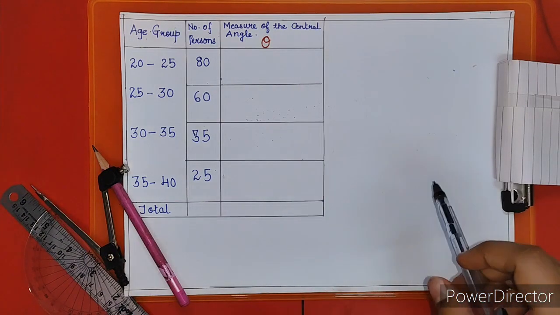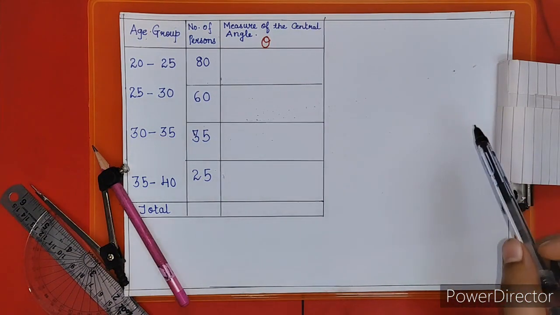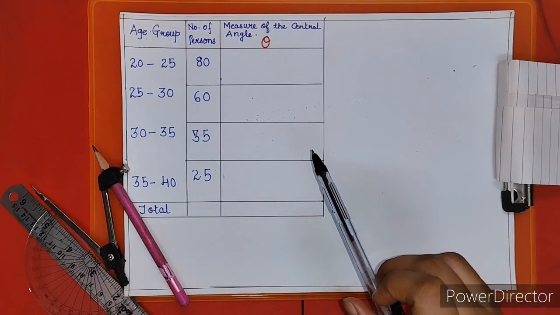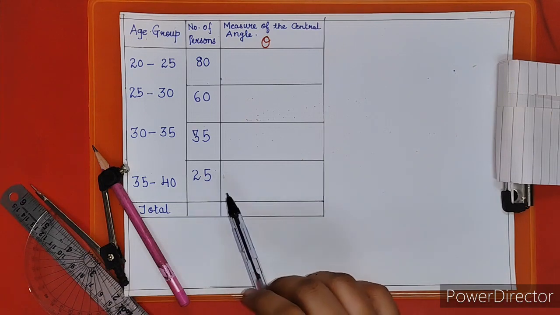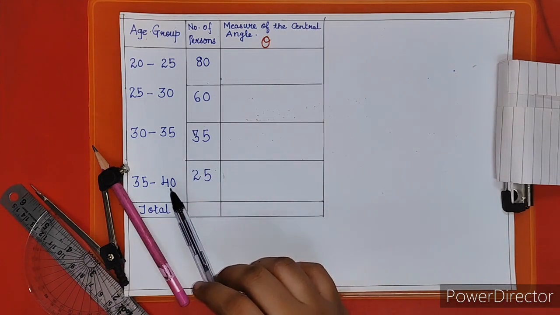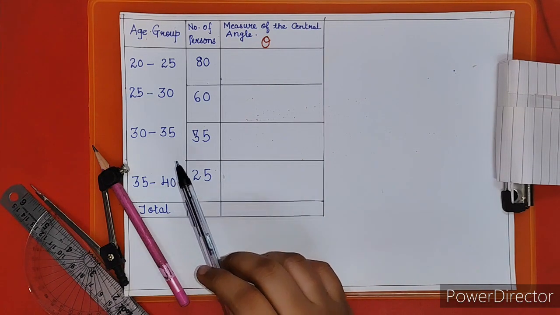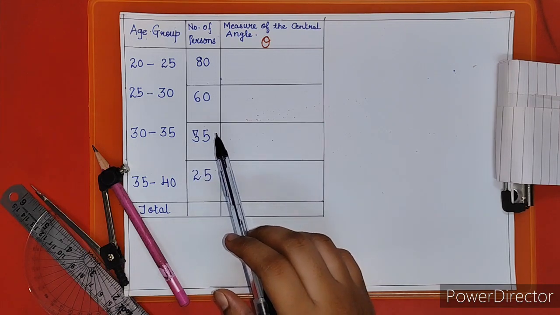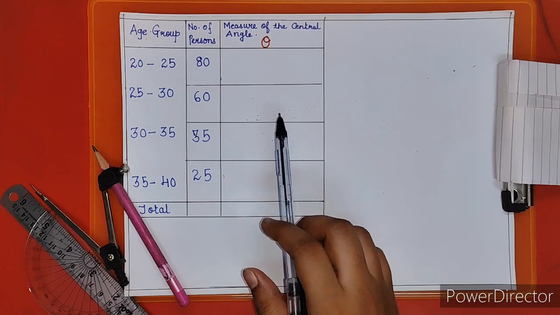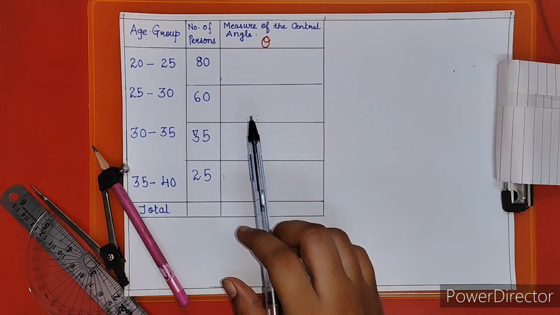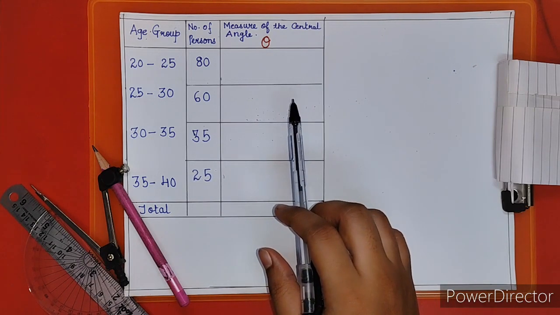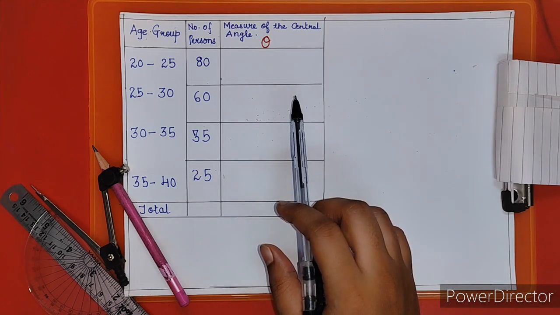Now here, before we make a pie diagram, we have to find the central angle. To find the central angle, we have to make 3 vertical columns. In the first column there will be the data, which is here the age group. Then in the second column there will be the frequency, number of persons, and in the third column we will put the formula one by one to find the central angle of each part, to convert it into a part of 360 degrees.